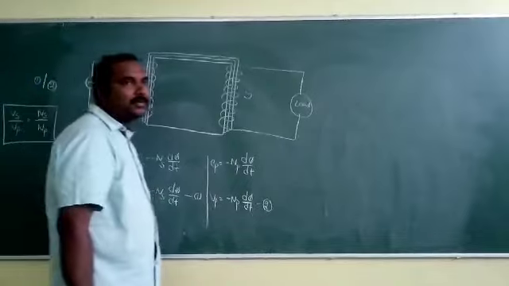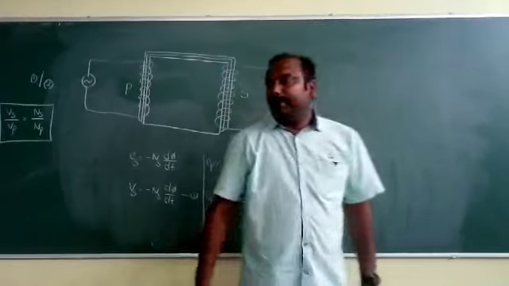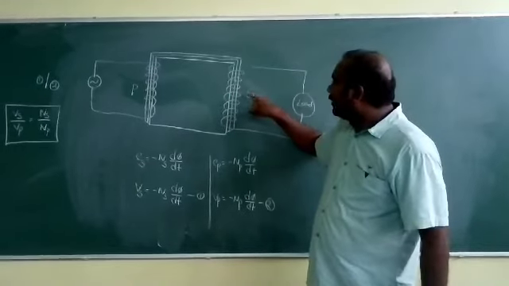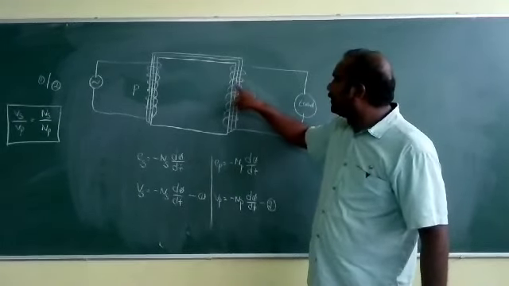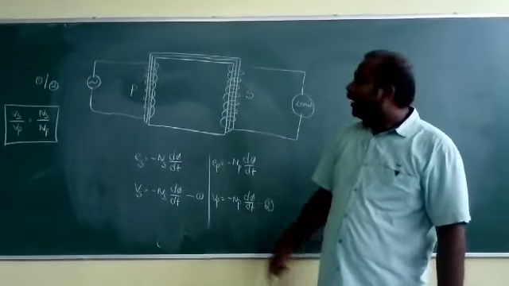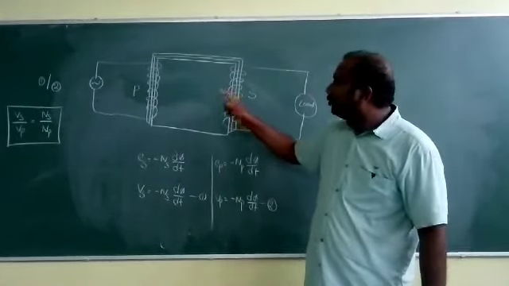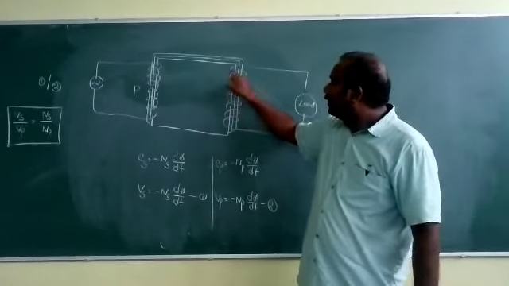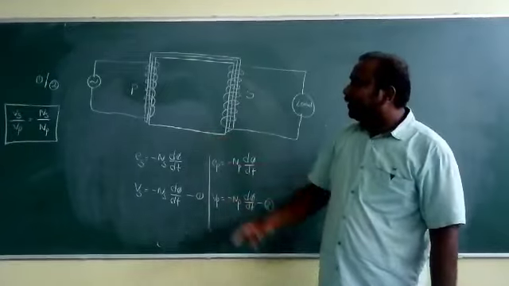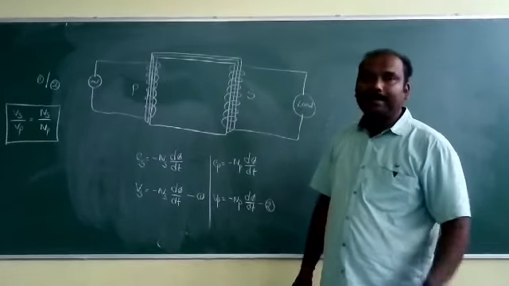What are we getting from this? Primary voltage is applied, and the secondary voltage we can get. But the secondary voltage not only depends on the magnetic flux, it also depends on the number of turns in the secondary. Primary and secondary voltages both depend on the number of turns. So Vs/Vp = Ns/Np.